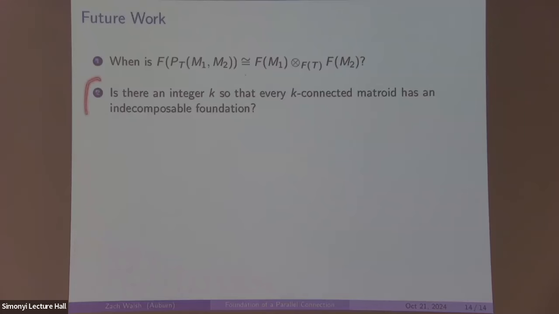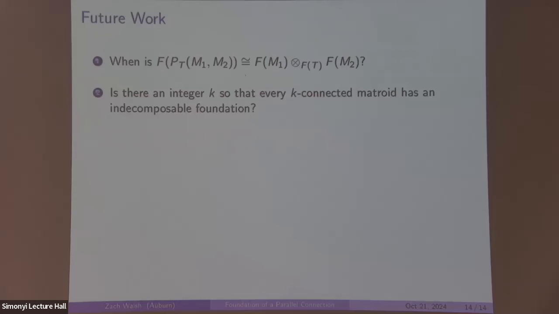And then one question that I think is really interesting: is there some integer k so that k-connectivity guarantees that my matroid foundation does not break apart as a tensor product? All we know here is that k equals 3 does not suffice.